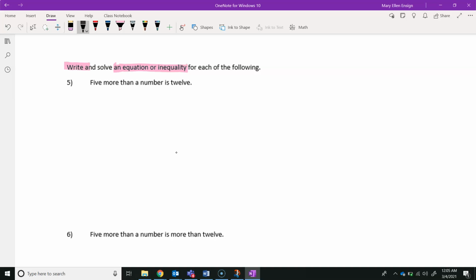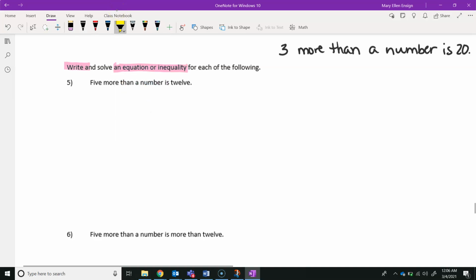So if it says something like this, 3 more than a number is 20, okay? Well, let's think about what we know about special words in here. We know here's "is."